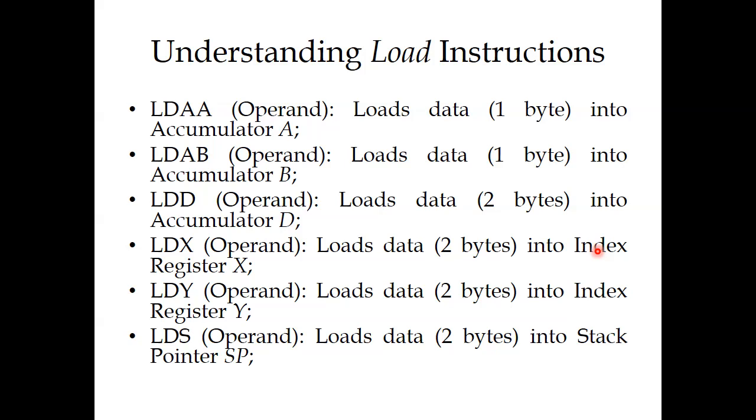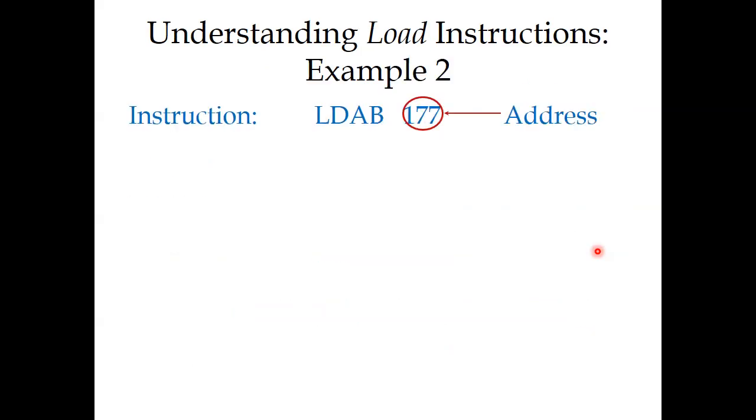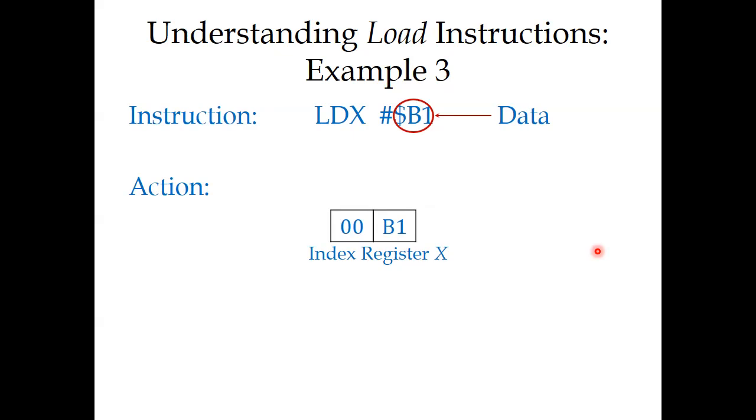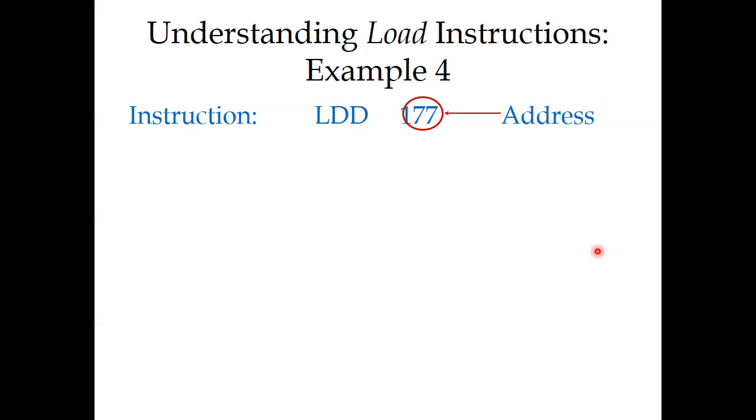We have 6 different instructions to load into 6 different things. You might be loading into X, into Y, or into SP, meaning the stack pointer. Any question here? Okay, if not, let's try another one.